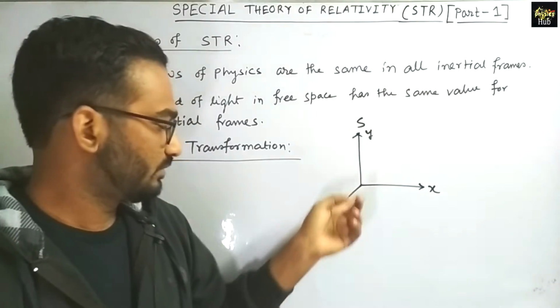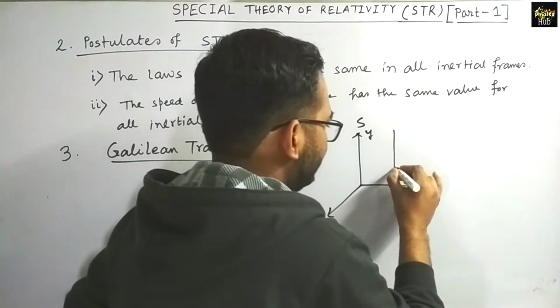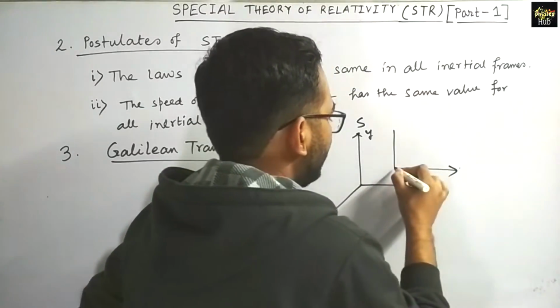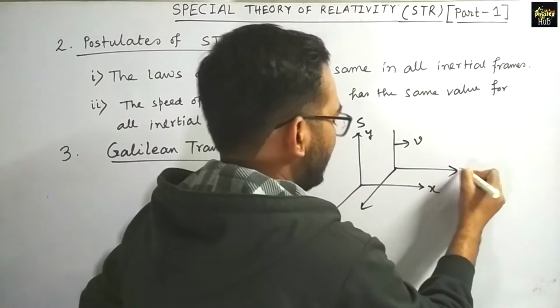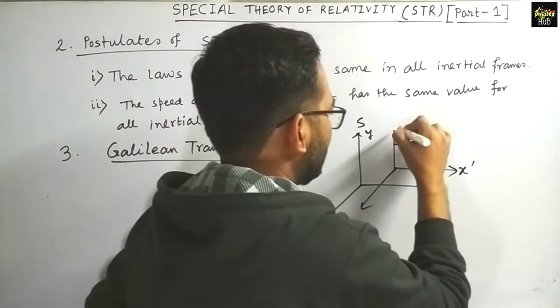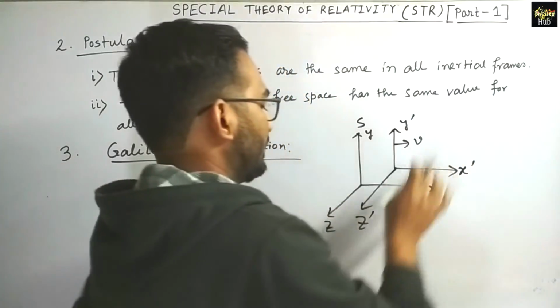So this is the S frame, and we are considering another frame S prime, which is moving with some velocity v along the x-axis, and we are calling the axes of that frame x prime, y prime, and z prime.